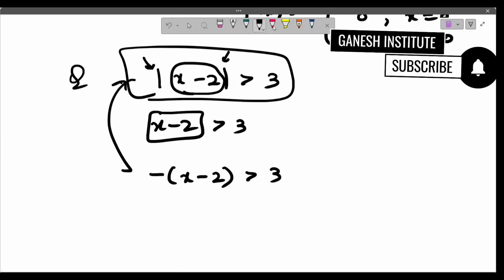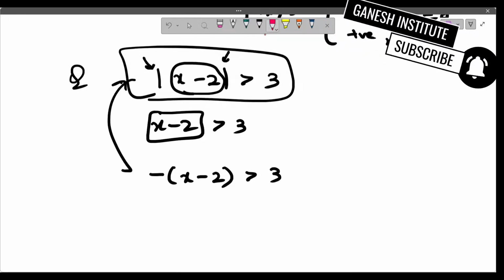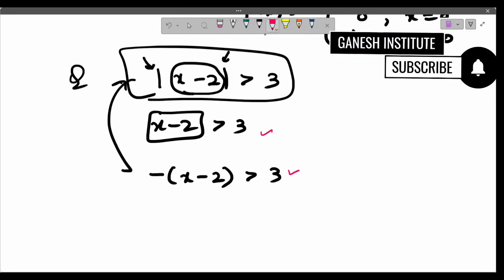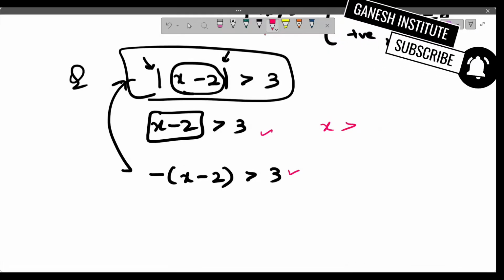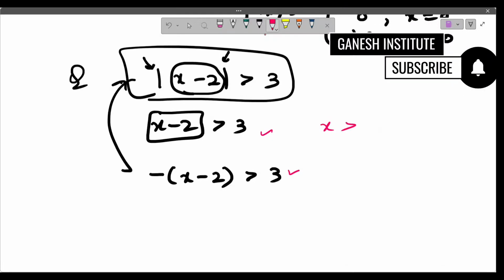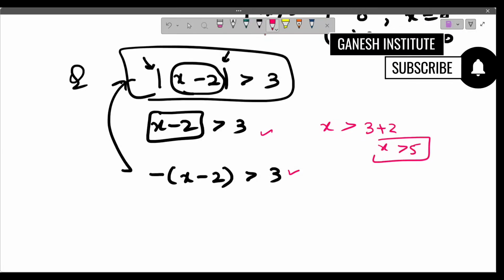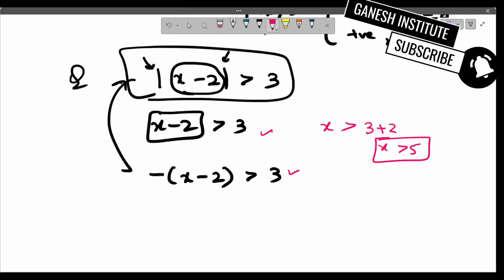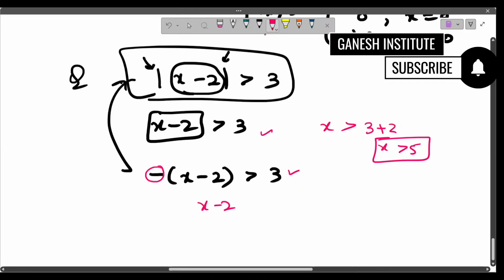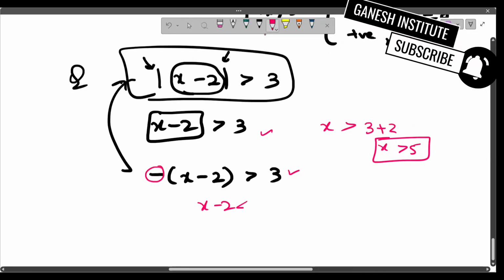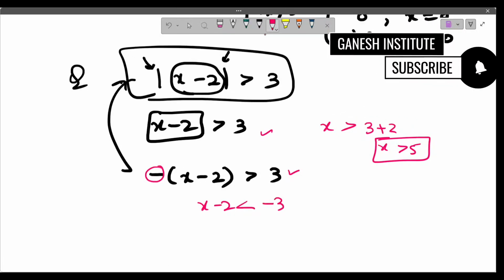So I'll have two values from here. If I take x minus 2 greater than 3, I'll get 3 plus 2, that is x greater than 5. This is one of the solutions. And then from here, if I take the negative to that side, it will change the sign of the inequality, right?